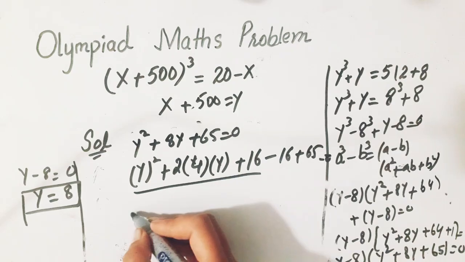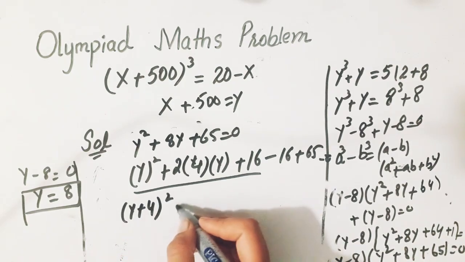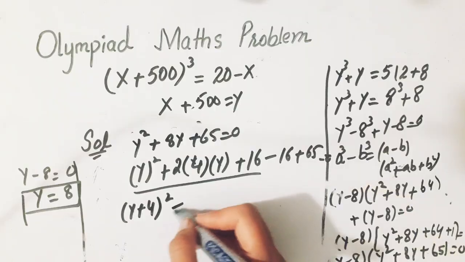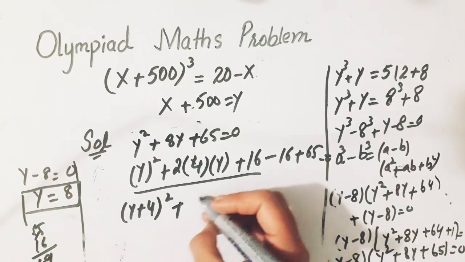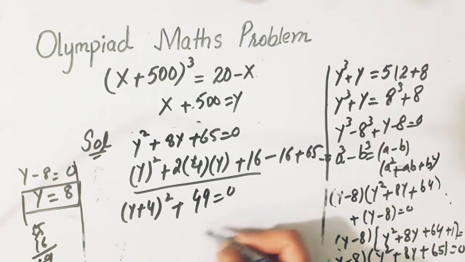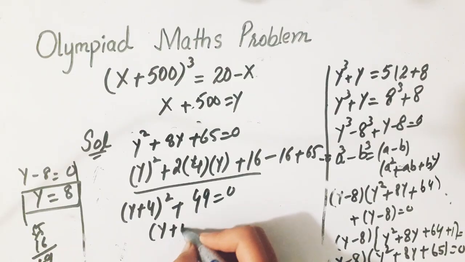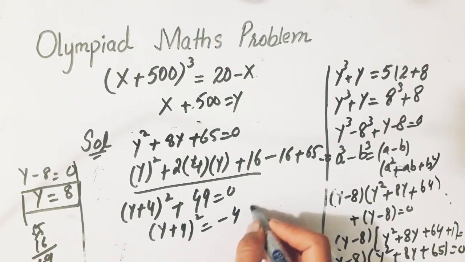So this will become the whole square of (y + 4)^2, and this will be plus 65 minus 16. We get 49. That means (y + 4)^2 equals minus 49.